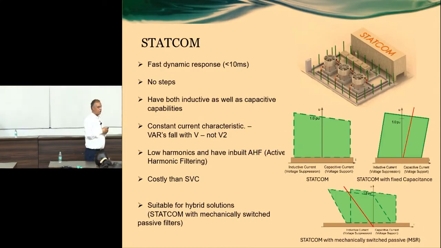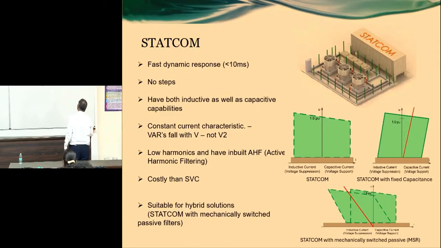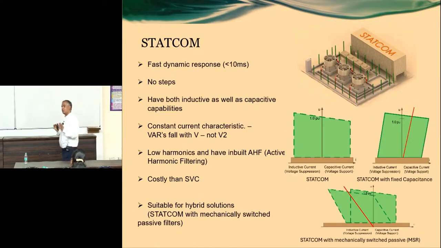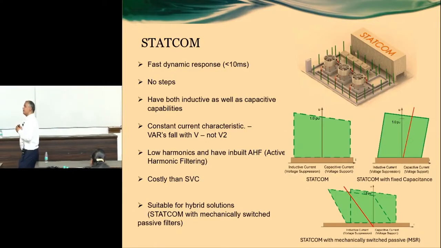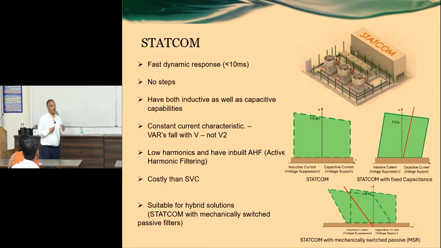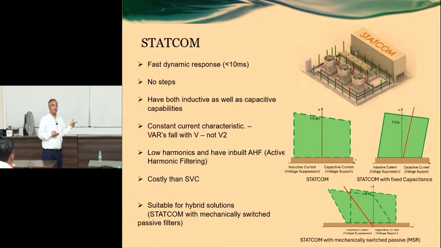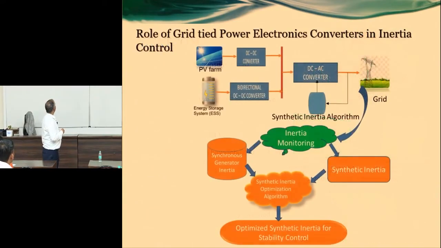So hybrid systems are coming. That curve can be further modified by mechanically switched capacitor or mechanically switched inductor or reactor. So that's why the STATCOM device, custom power devices having a hybrid impact, can be more advantageous and can be a much better option for reducing those kinds of issues.